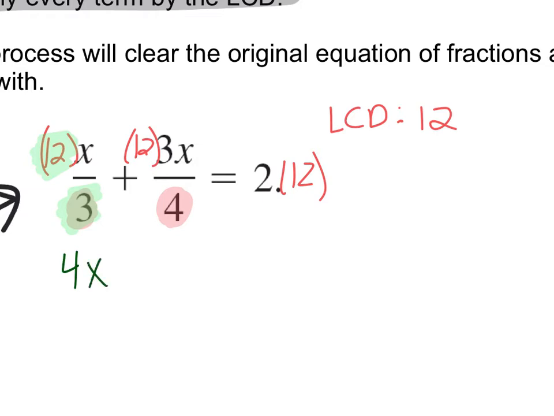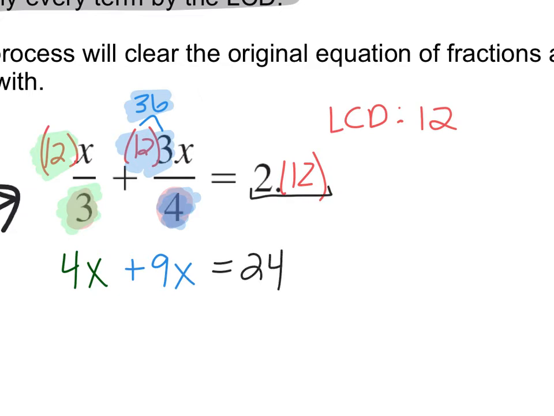In the next term, we have 12 times 3, and then divided by 4. So 12 times 3 is 36, and 36 divided by 4 is 9. That would give us plus 9x equals, and over here, just 2 times 12 is 24.